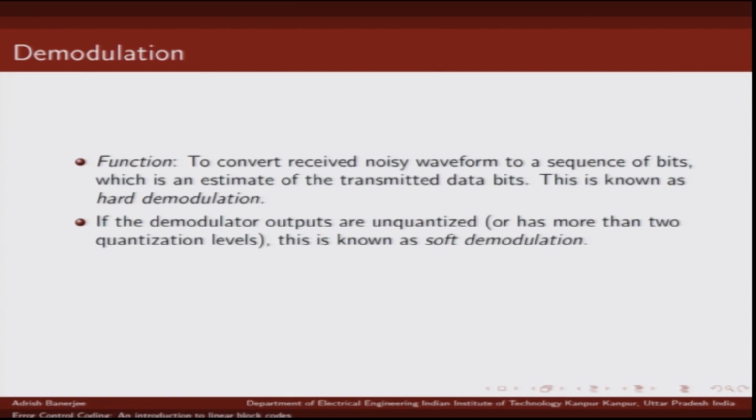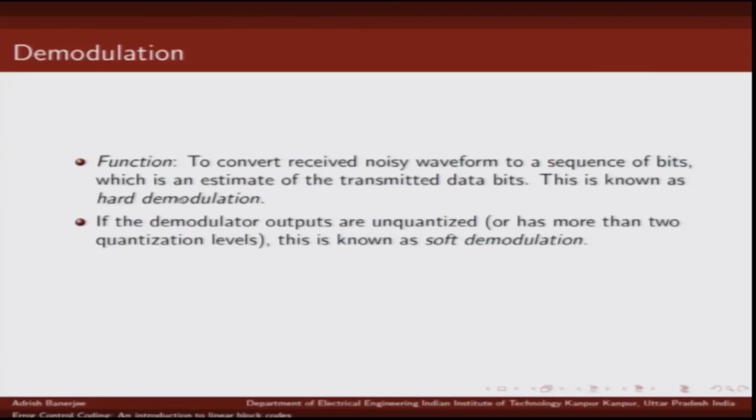In hard demodulation, we basically lose a lot of information. For example, consider binary transmission, where you are sending zeros and ones using binary phase shift keying. Let us consider a scenario where 0 is mapped to +1 and 1 is mapped to -1, and the received symbol was 0.01.